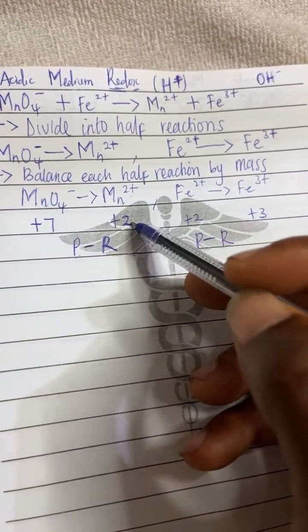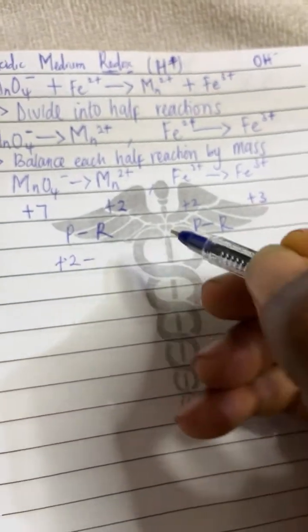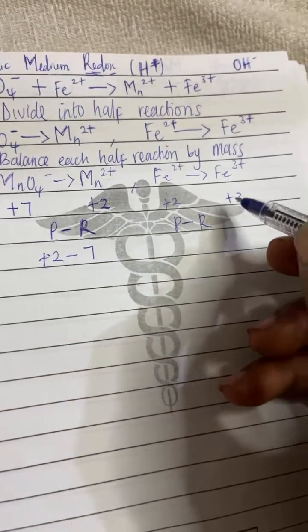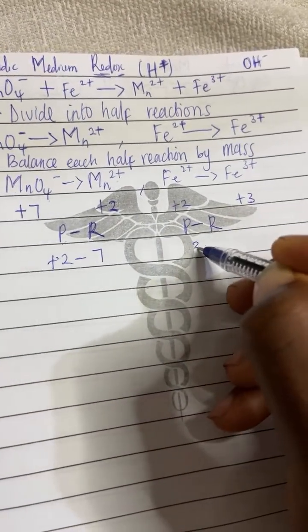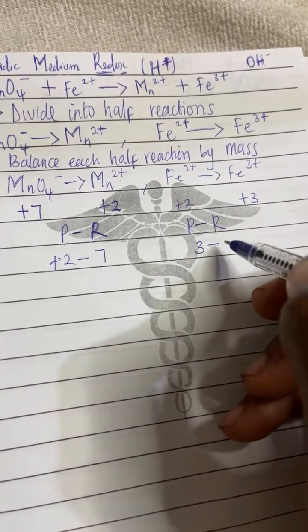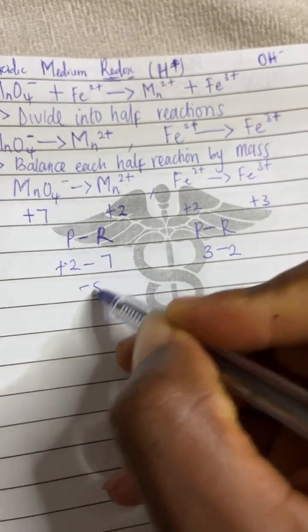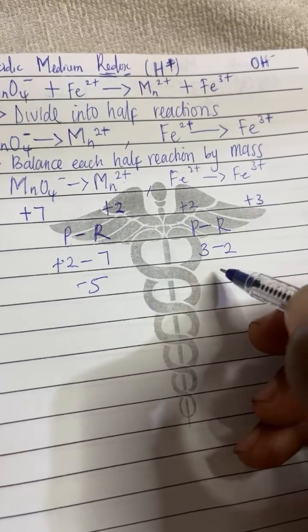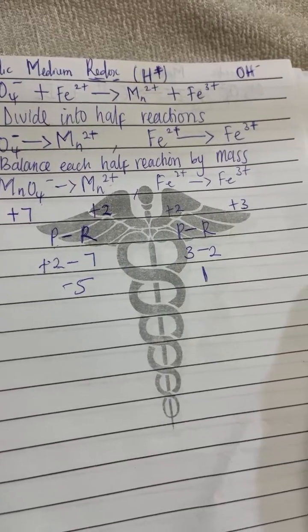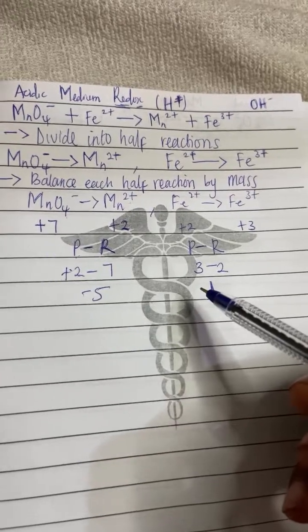Let me write it. 2 minus the reactant, which is 7, so 2 minus 7. Here the product is 3. The oxidation number at the product side minus the oxidation number at the reactant side is 2, right? So 2 minus 7 is minus 5. 3 minus 2 is 1, right? So the next step you need to take is to multiply. Are you following me?